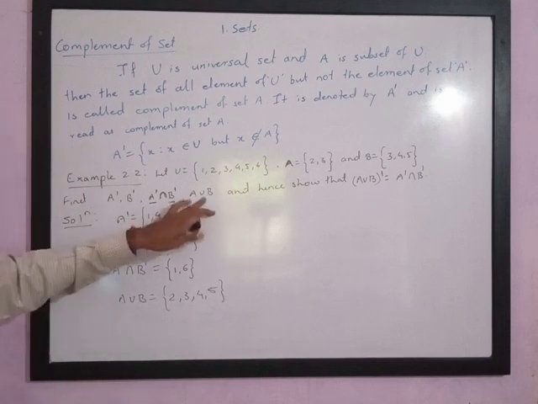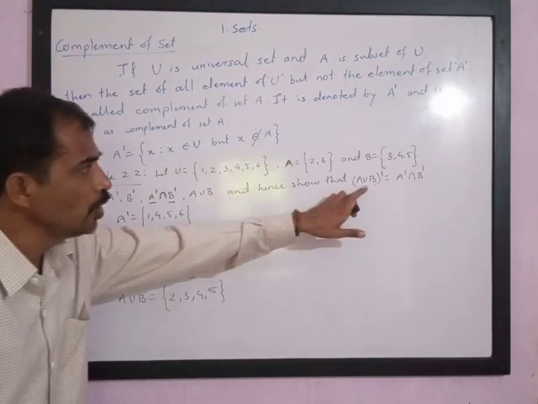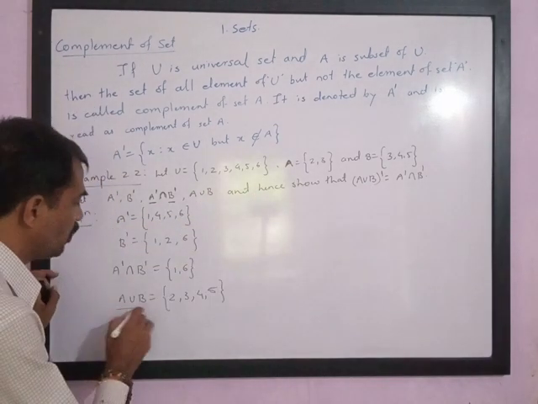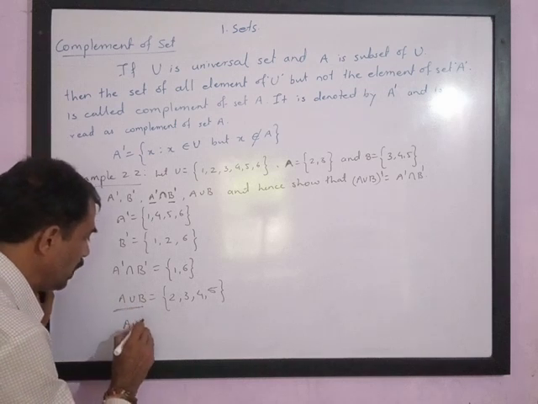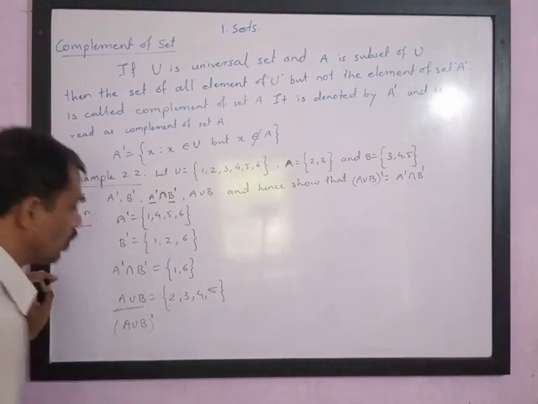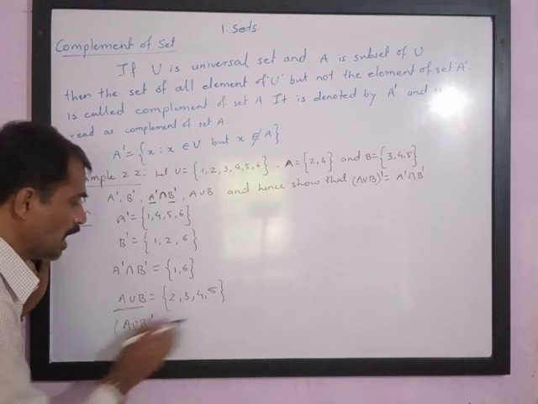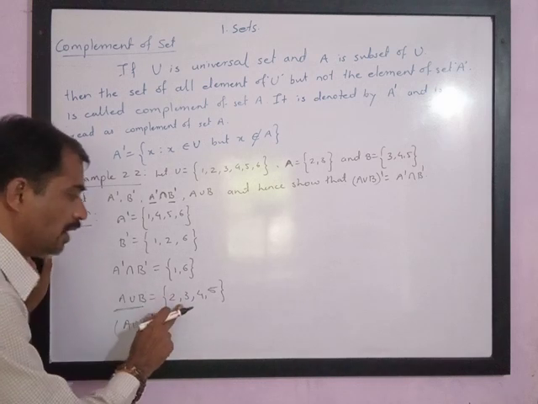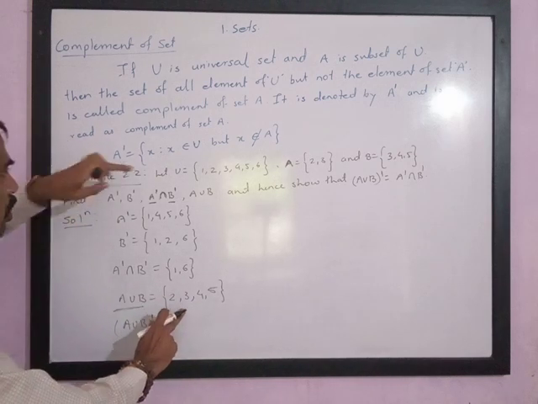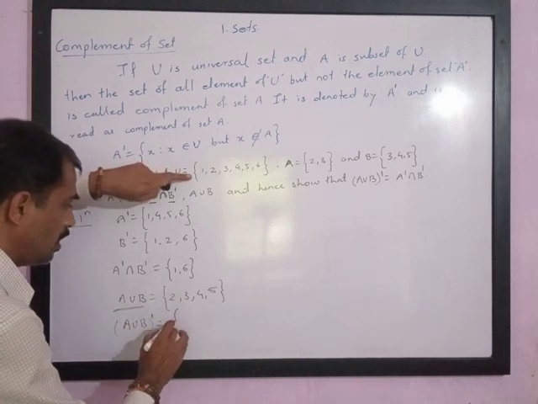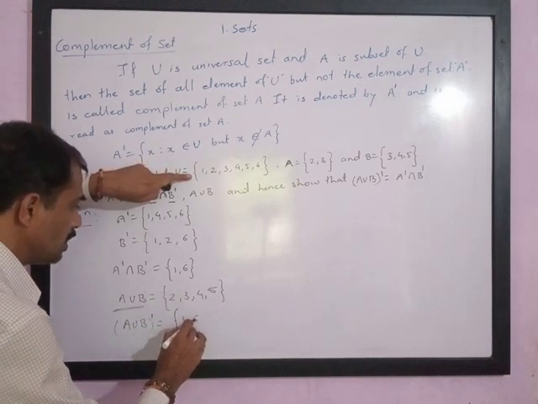Now we are asked to find and hence show that A union B's complement. So the complement of this set A union B means the elements which are in the universal set but not in this, which are 1 and 6.